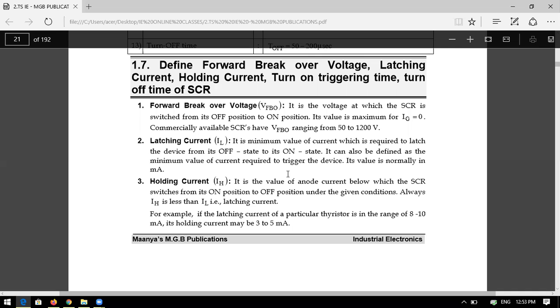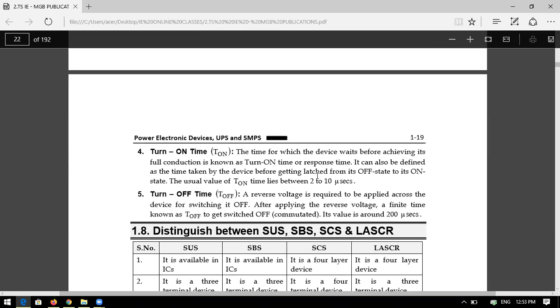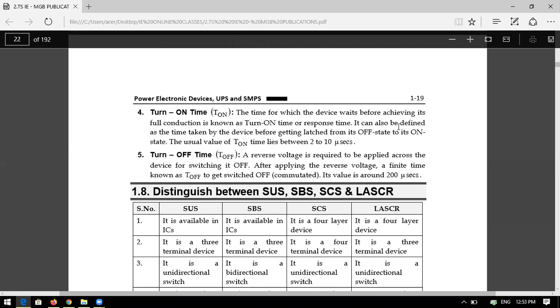We already saw the ratings. So holding current always relates to turn off time, and latching current always relates to turn on time. So what is the turn on time? We already discussed. How much time is taken for the device to conduct? Simple definition is this. The time taken for the device to conduct is called the turn on time, or response time. The time for which the device waits for achieving its full conduction is known as the turn on time or response time.